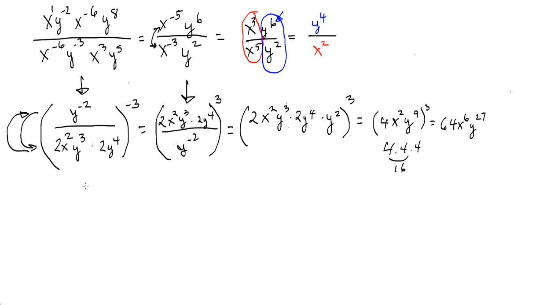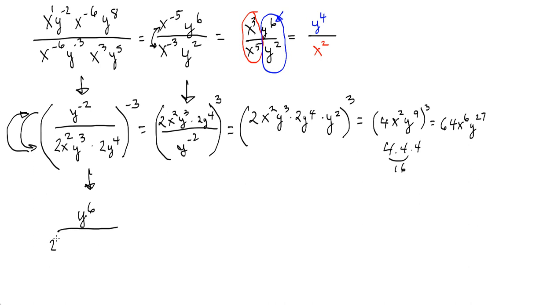Okay, now, what would have happened if instead I hadn't flipped the fraction, but taken everything to the negative 3 power to begin with? Let's see what happens. It's not the way I would suggest you do it, but you could certainly do it that way. y to the negative 2 to the negative 3, negative 2 times negative 3 is positive 6, isn't it? What am I going to have on the bottom?